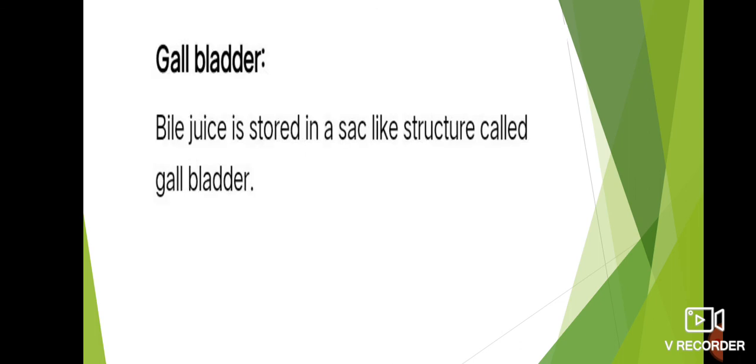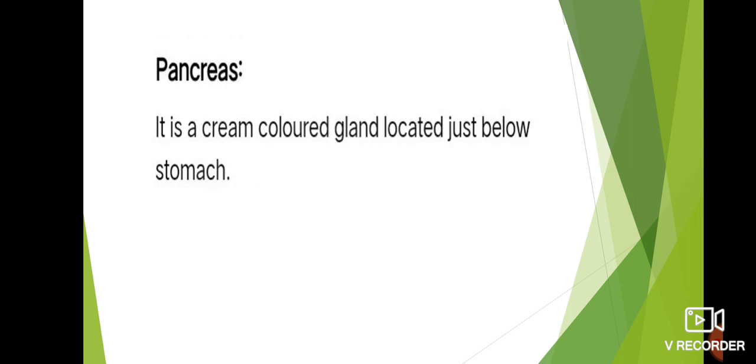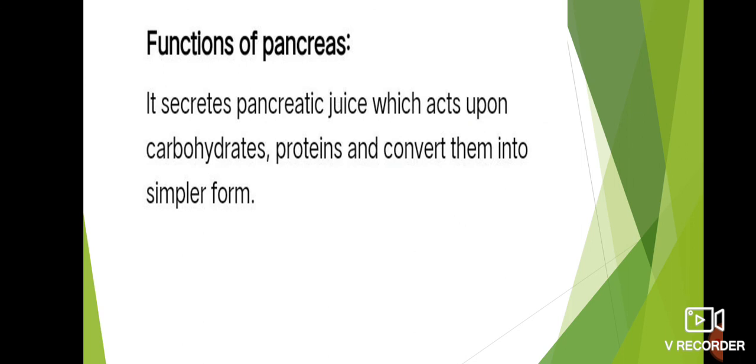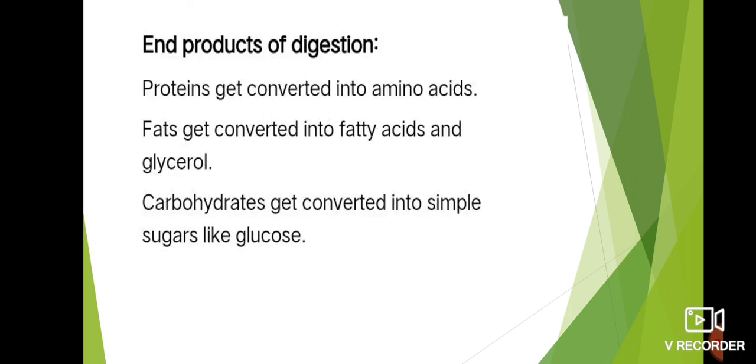Bile juice is stored in a sac-like structure called the gallbladder. Next part in the human digestive system is the pancreas. It is a cream colored gland located just below the stomach. Functions of the pancreas. It secretes pancreatic juice which acts upon carbohydrates and proteins and converts them into a simpler form.